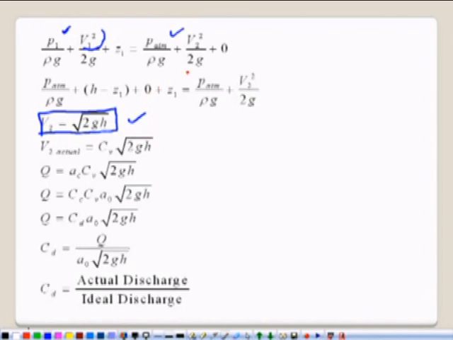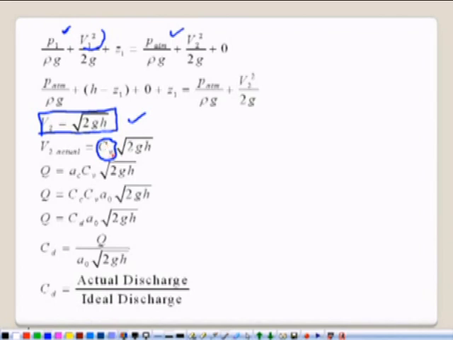Now if there is an ideal fluid flow, then there is no energy loss, because in this Bernoulli equation we have not considered any loss. And we know that whenever we have a real fluid flowing through some pipe or anywhere, then there is some loss, right. So to take care of that loss, we have to incorporate some constant which is known as the coefficient of velocity.